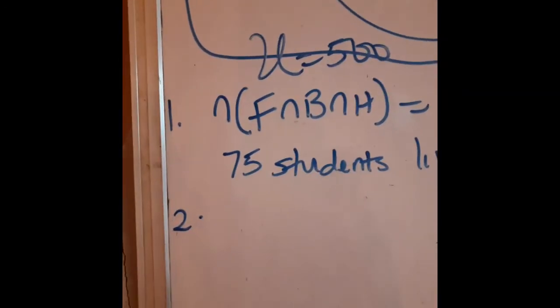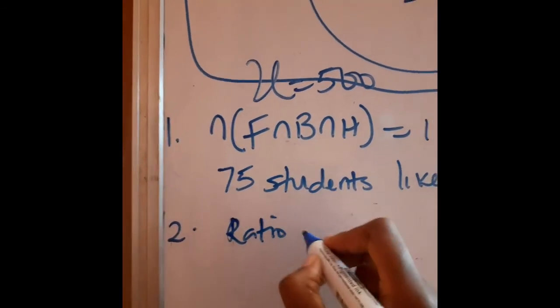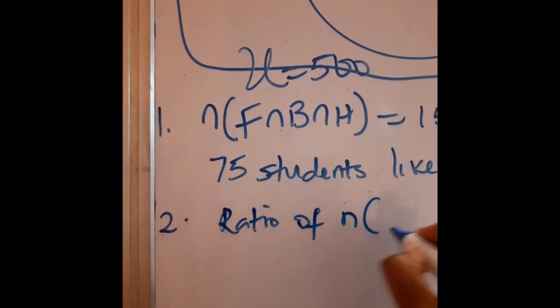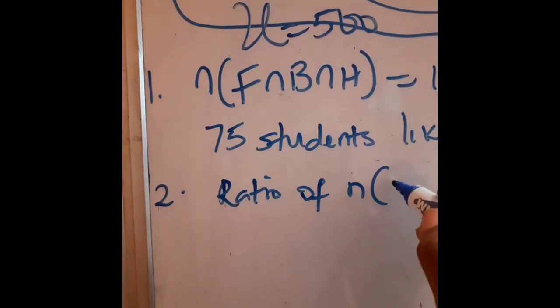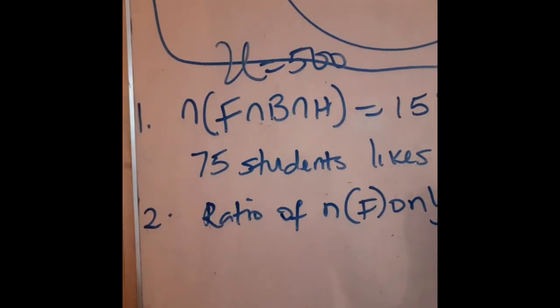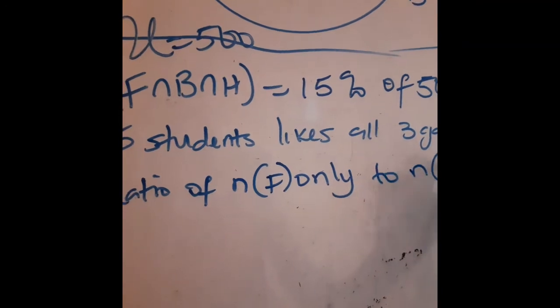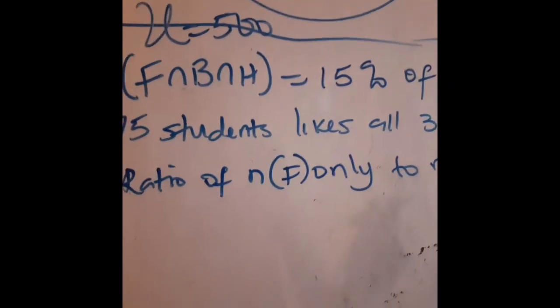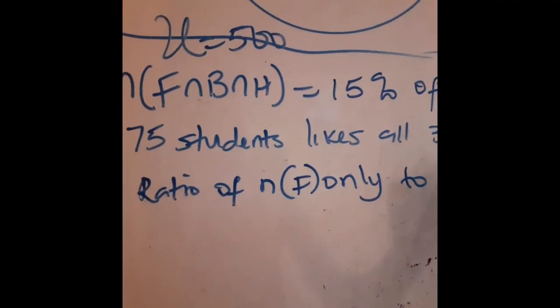So the next one says we should find the ratio of NF only, the number of students who like football only, to the number of students who like hockey only.